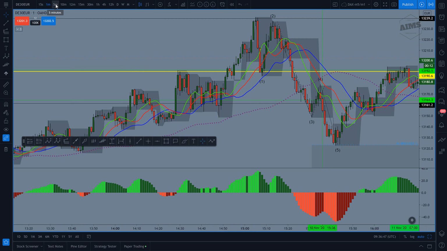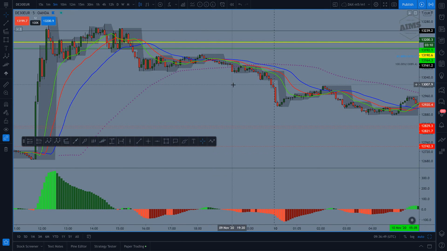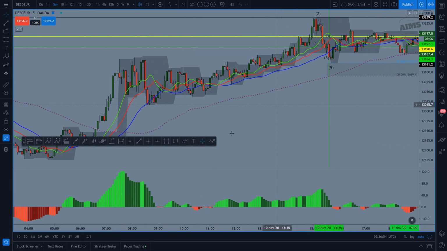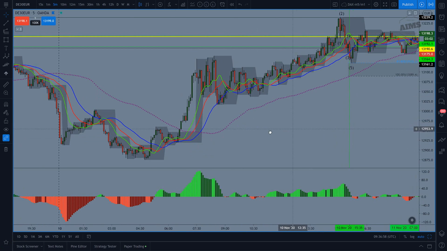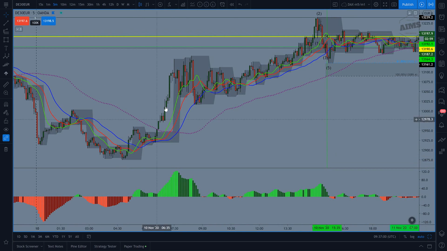So let me take you to the M5 chart, because something interesting happened on the M5 chart. You see here, this is yesterday's charts, right? We have a 3 up, a really ugly 4, and really ugly type of 5, which wasn't really clearly moving.